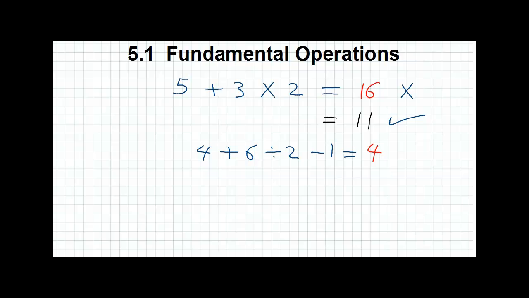And this answer is wrong. The correct one is to divide 6 by 2 first. So it is 3, and then you can add 4 plus 3, which is 7, minus 1, and this will give you 6 as a correct answer.